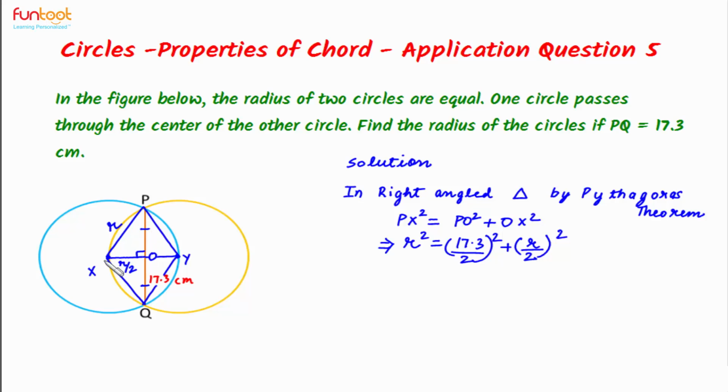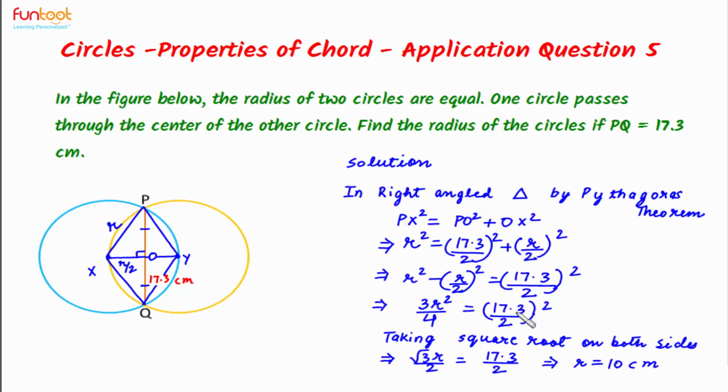Applying the Pythagoras theorem in right triangle POX, the square of the hypotenuse is equal to the sum of the squares of the other two sides, and the hypotenuse here is r, so r square will be equal to PO, which is half of PQ, that is half of 17.3, whole square, plus OX, which we have found to be r by 2, so r by 2 whole square. By simple calculation, we can find the value of radius r here to be 10 centimeters. And this is what we had to find in the question.